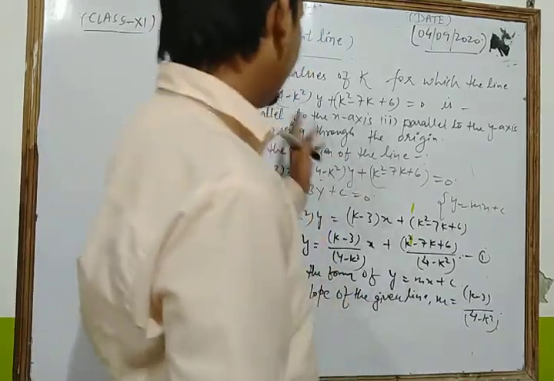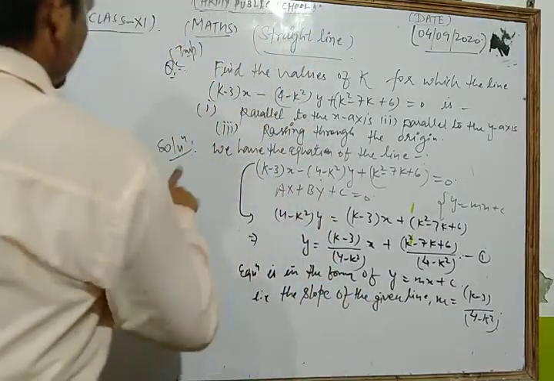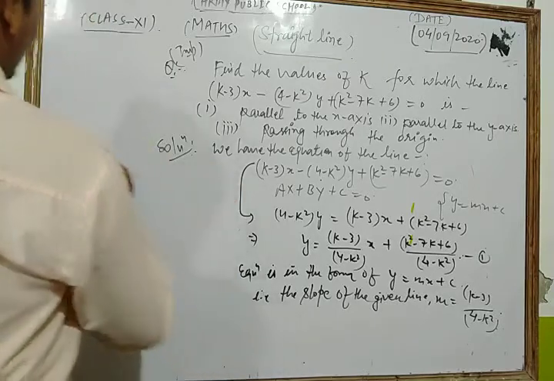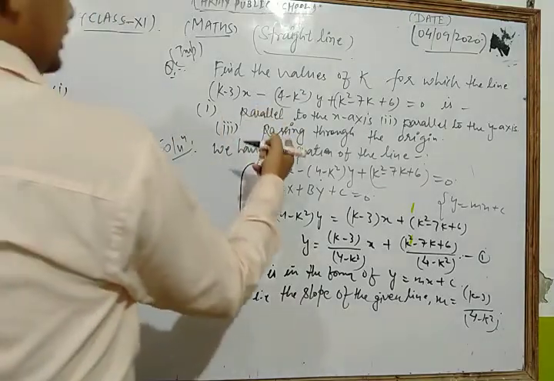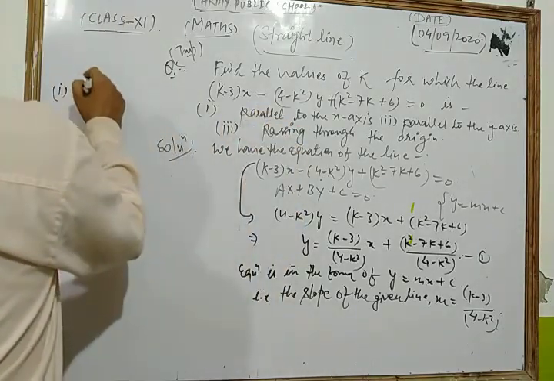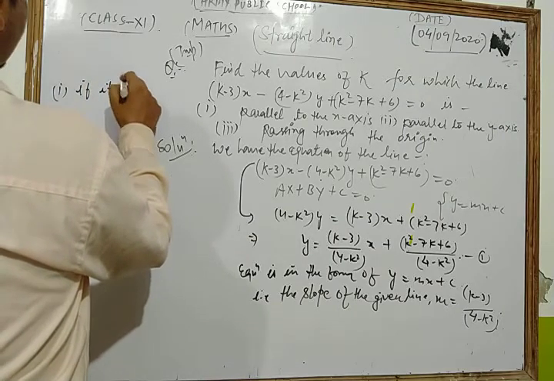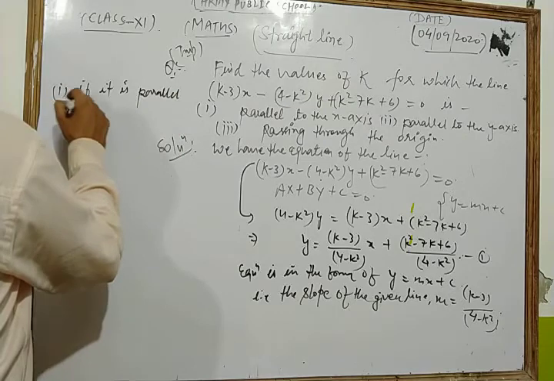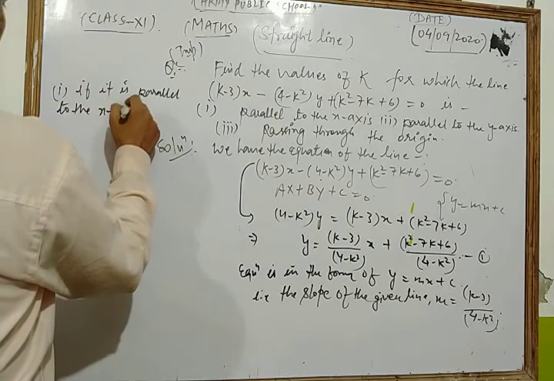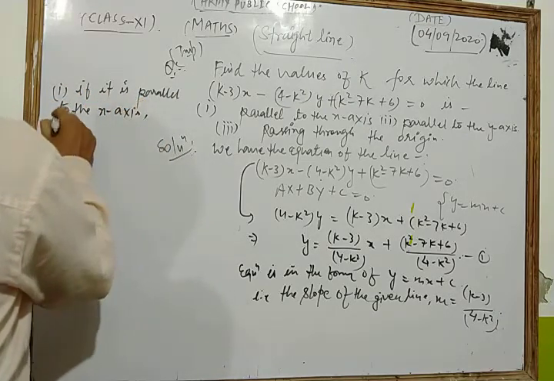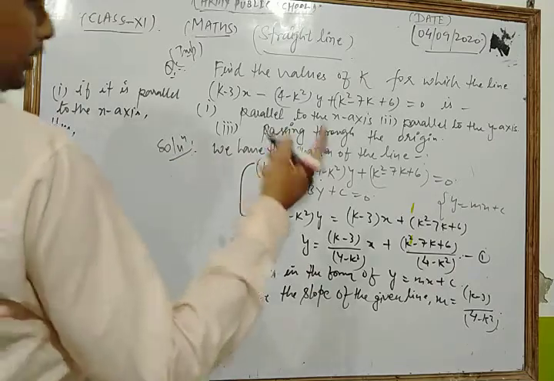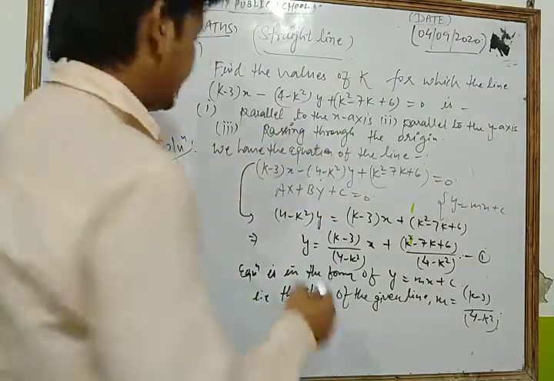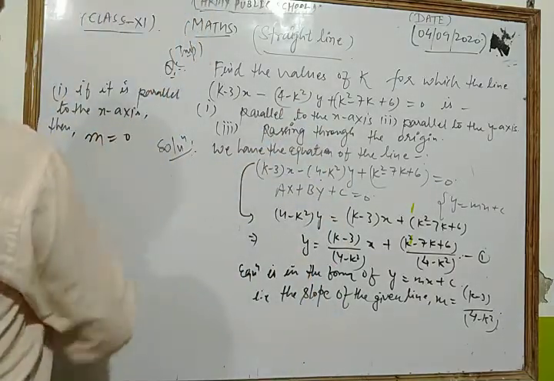Now we take the first condition. What is the first condition, dear students? If the line is parallel to the x-axis, then the slope of the given line must be equal to 0.